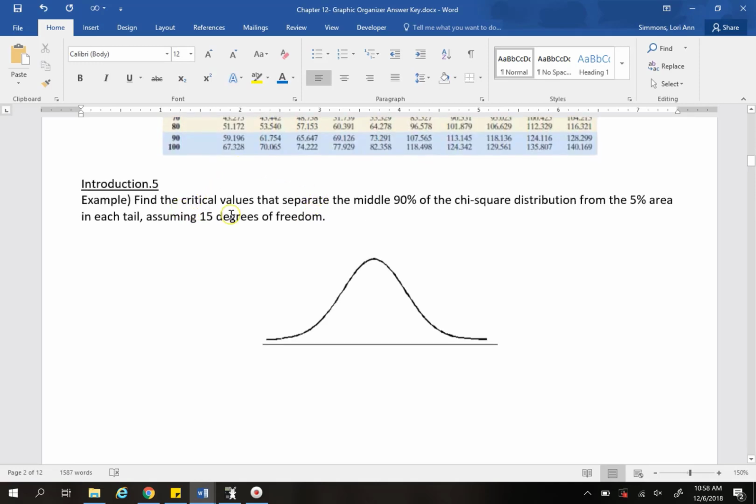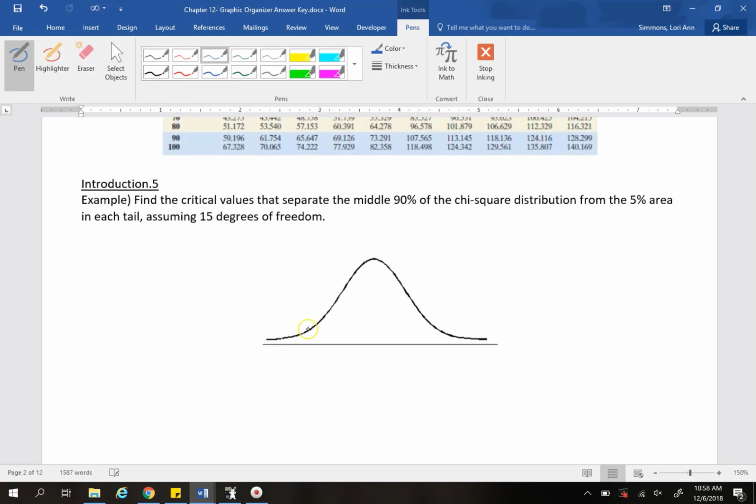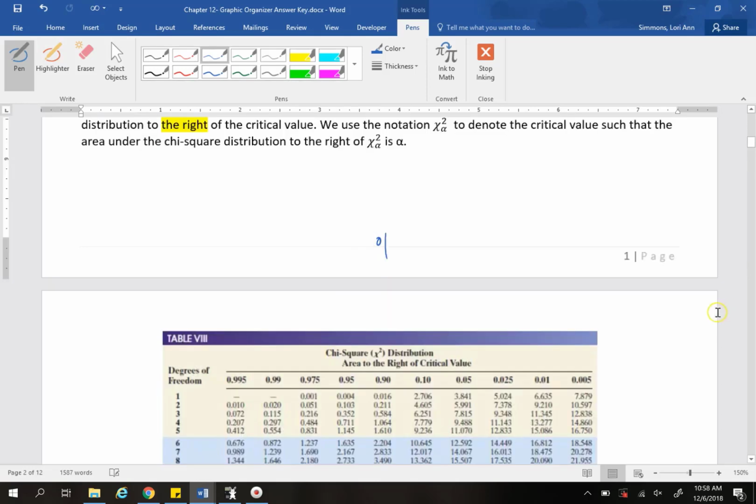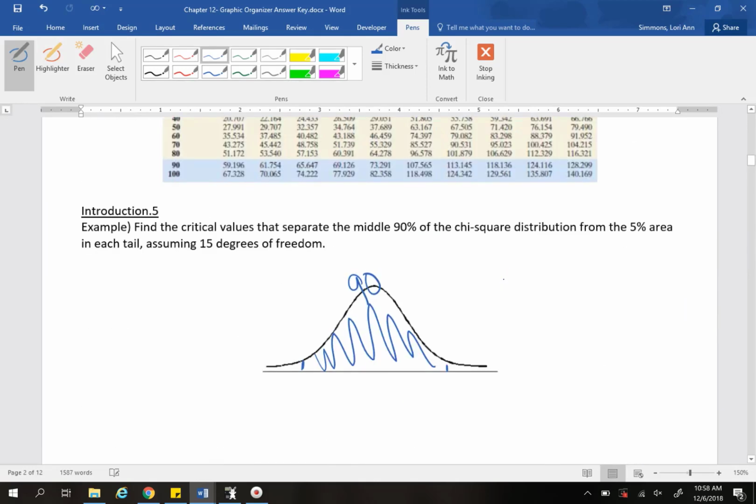So let's find the critical values that separate the middle 90% of the chi-square distribution from the 5% area in each tail. So we have the middle 90%. If they didn't tell us that the tails were 5%, we could have just taken 100 minus 90 and then divided by 2 to get what's in each tail.